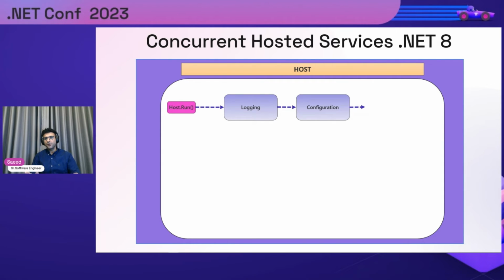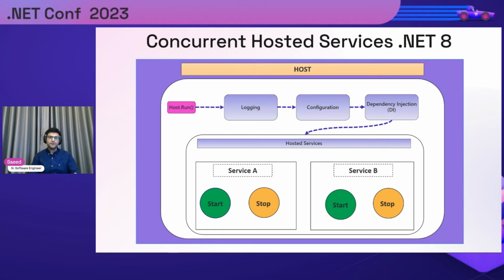When we run the host, it gets all of these hosted services from the dependency injection, and it starts concurrently calling both start methods for service A and B. It does not matter what the order of registration is.